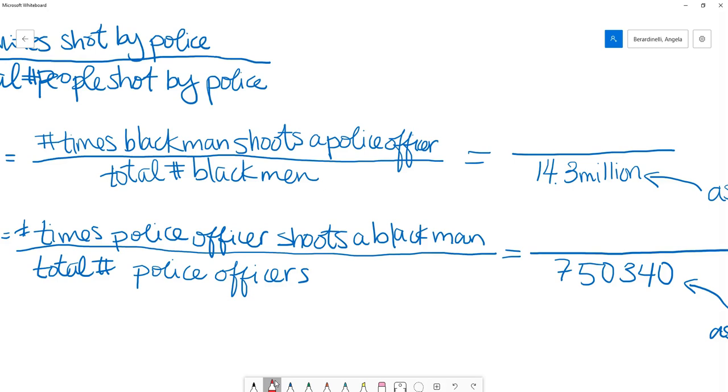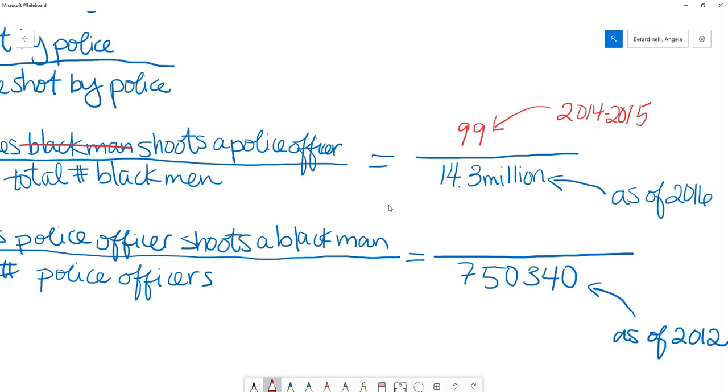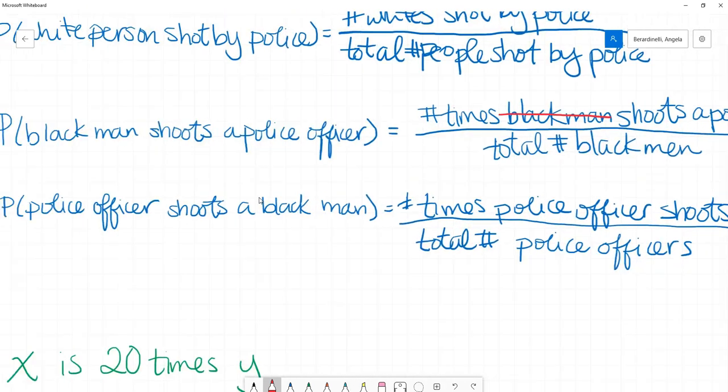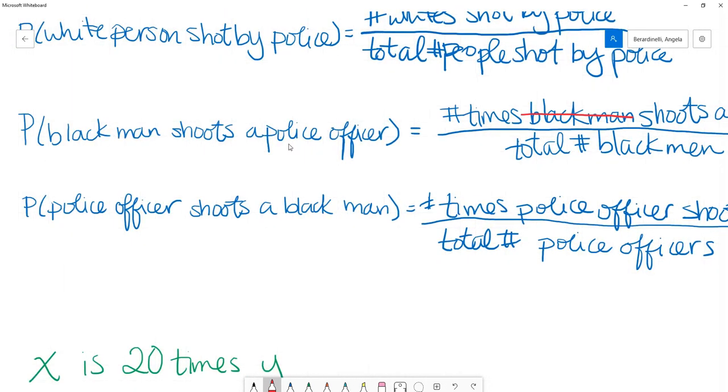We're going to look at an overestimate because this includes everyone, not just black men. And so that's going to be 99 total cases, and this is 2014, 2015 only. This is going to be an overestimate of the actual probability we're interested in, which is black men shooting police officers.